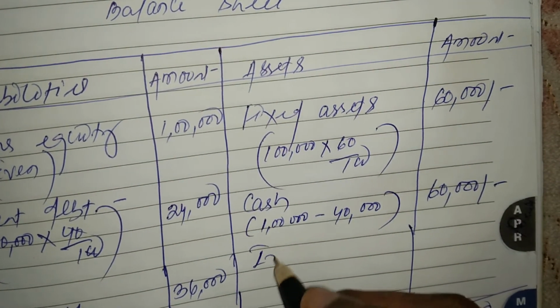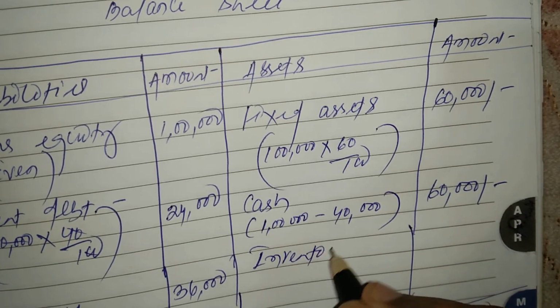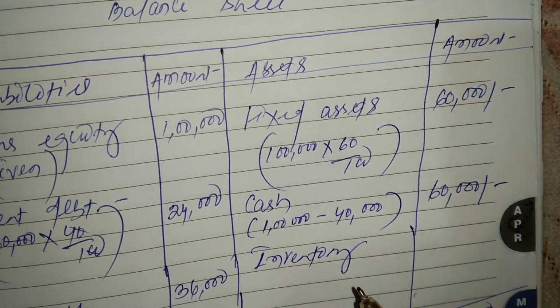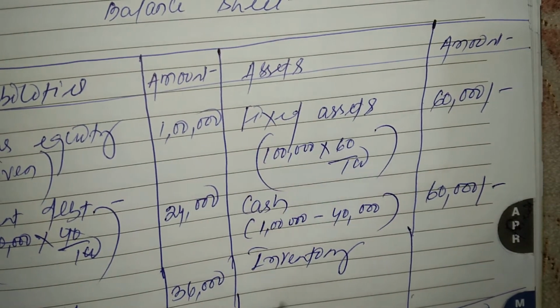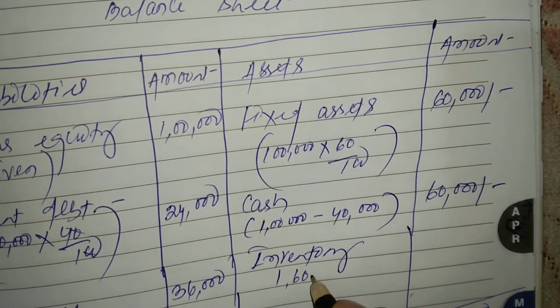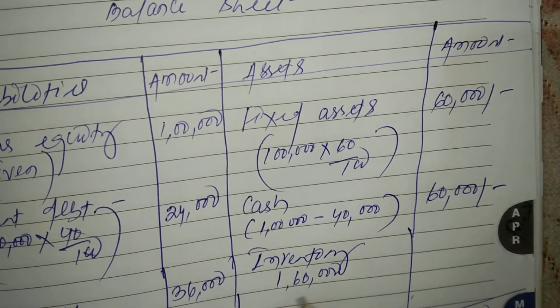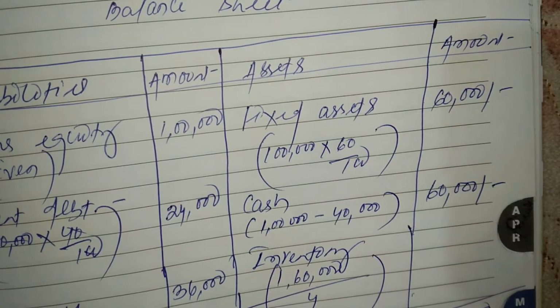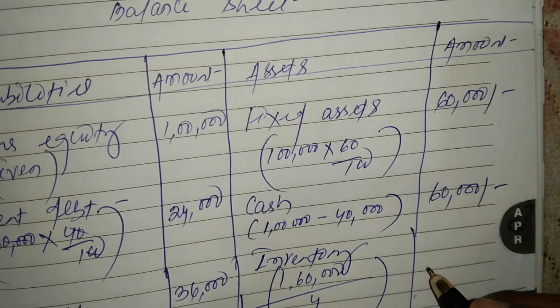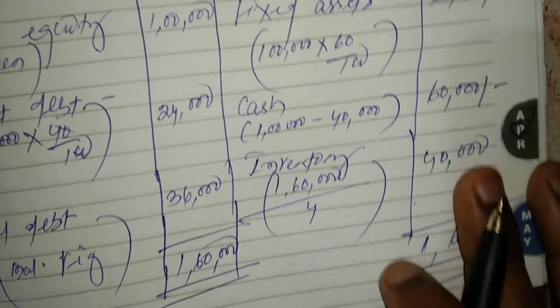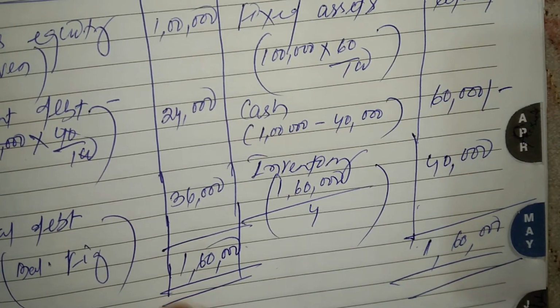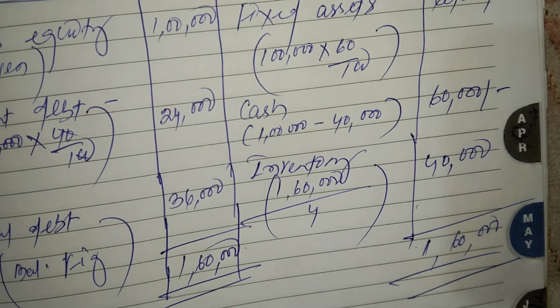And we have already obtained inventory, that is 1,60,000 divided by 4 is equal to 40,000. Okay, now we have already solved the problem and also prepared the balance sheet accordingly.